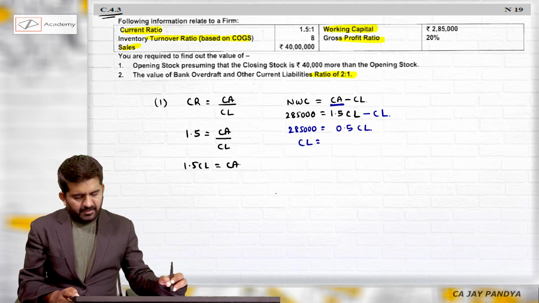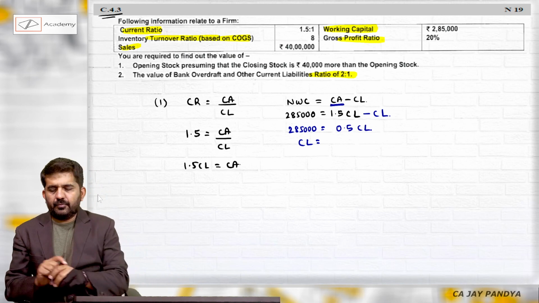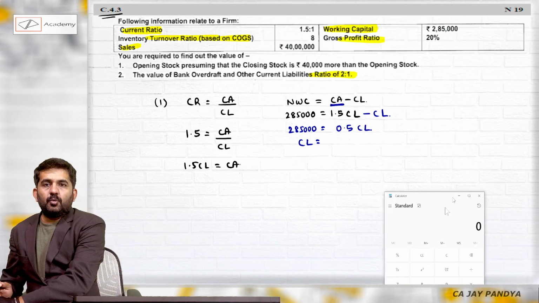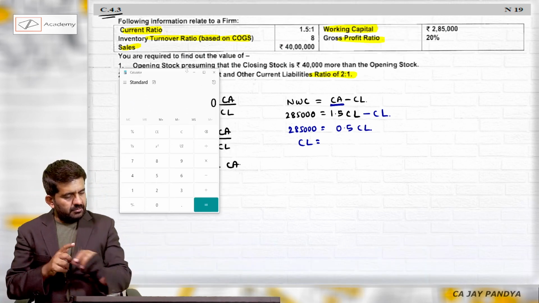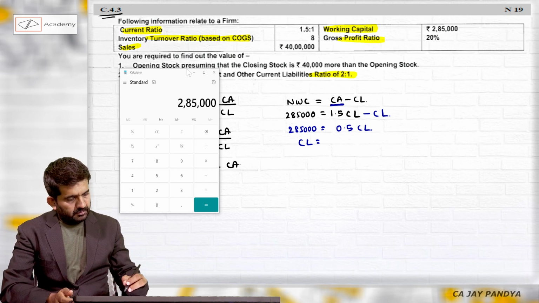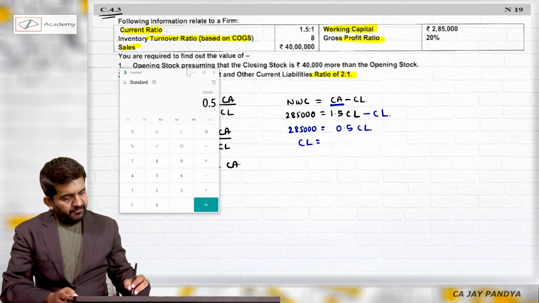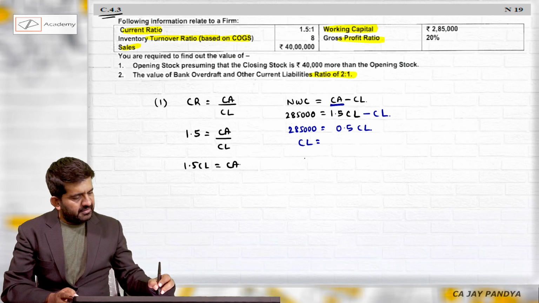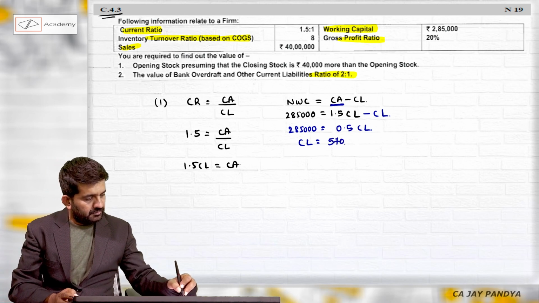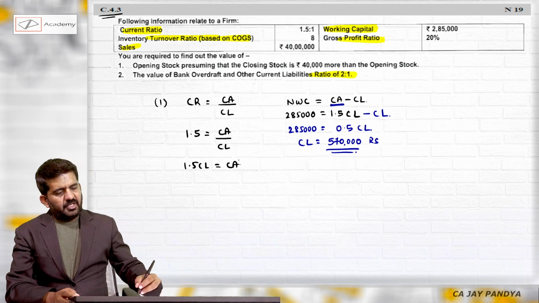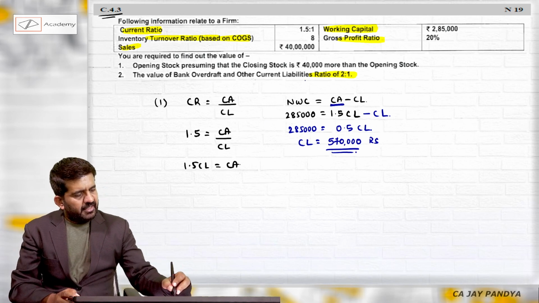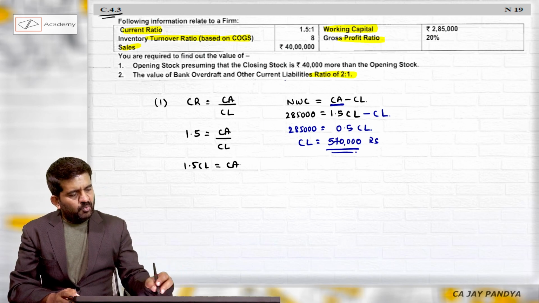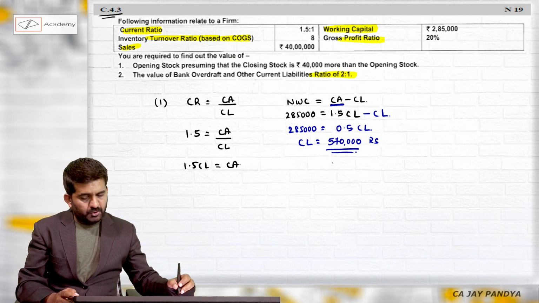So current liability will be 2,85,000 divided by 0.5, which is 5,70,000. This is current liability, and they are also saying that in current liability, bank overdraft and other current liability ratio is 2:1.